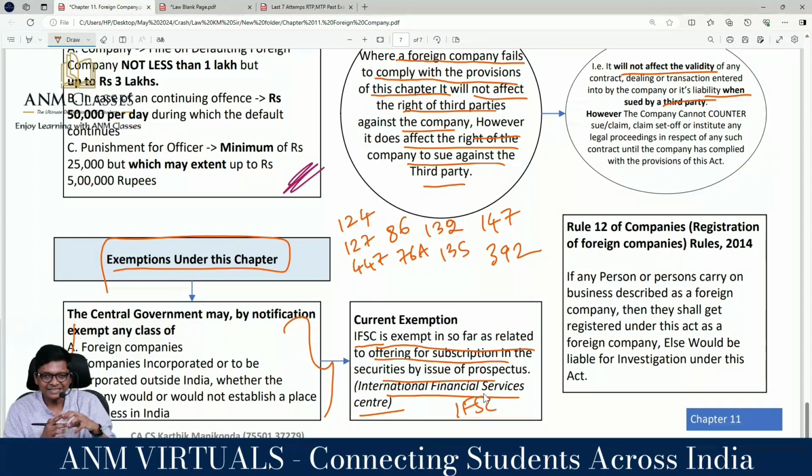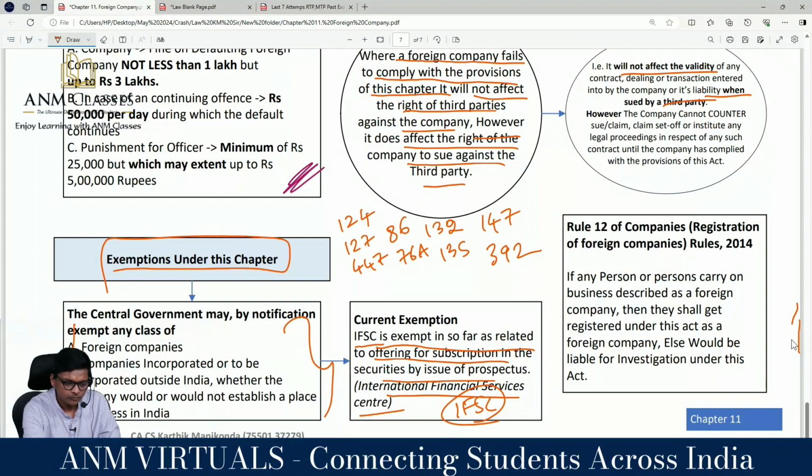IFSC. Basically this is outsourced. In other words, US companies outsource services from Indian companies. They will have call centers in India, or call centers for financing, bookkeeping, those kinds of services. It is currently exempt. In many sections you would have seen the IFSC exemption. Clear, guys? Are you all following? Easier? Okay.